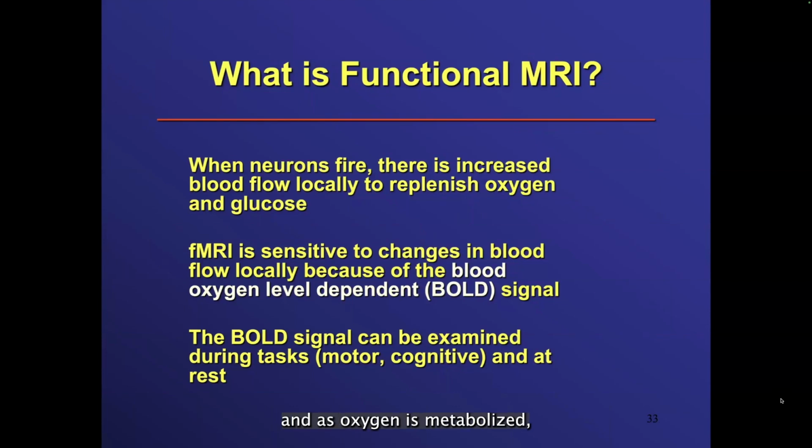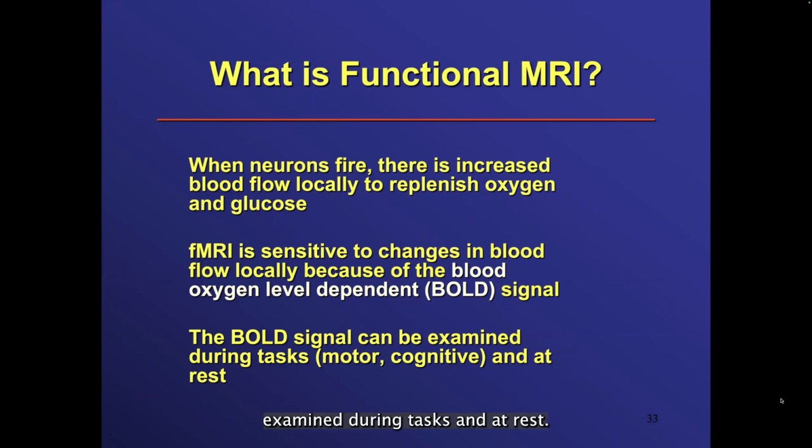And as oxygen is metabolized, the signal changes between the deoxyhemoglobin, or the blood flow that has less oxygen, and the oxyhemoglobin, the blood flow that has more oxygen. That ratio changes the signal that we're going to get across the brain. And so we can track where there's more neuronal firing and less neuronal firing based on blood flow. Again, I'll spend more time on that in the next module.